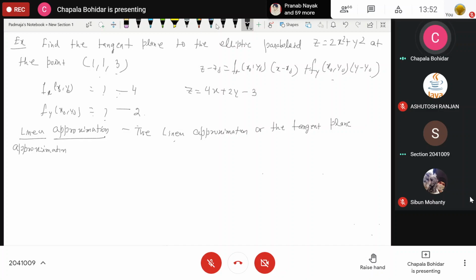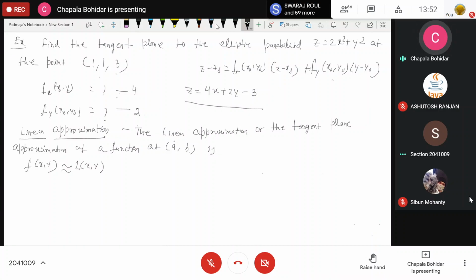of a function at a, b. Z is the function of xy. Function of xy is approximately equal to L of xy.